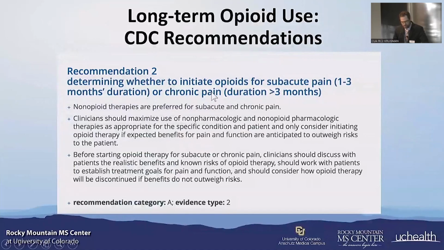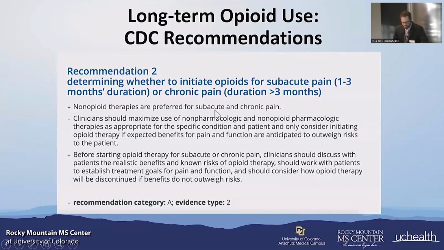This is my final slide. And this is top of mind too, because we're still in the midst of this massive opioid epidemic in this country, and we as providers have to undergo periodic courses to talk about appropriate use of opioids. And I put this slide in referring specifically to people who are suffering from chronic or subacute pain that's going on for longer than a month or 3 months.